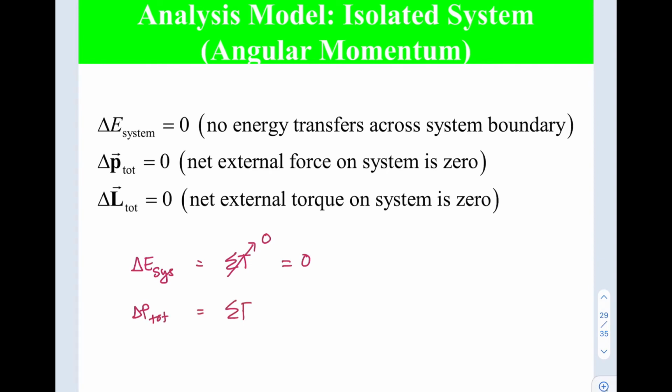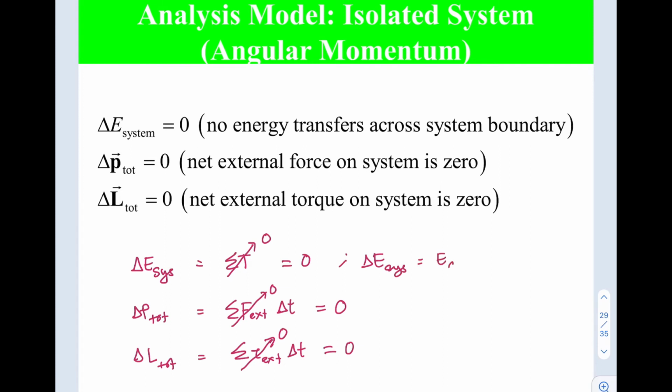Delta P total is equivalent to the sum of F external times delta T. If we want this to be 0, it means that F external must be 0, right? And delta L total equivalent to 0 means that the sum of torque external must be 0.